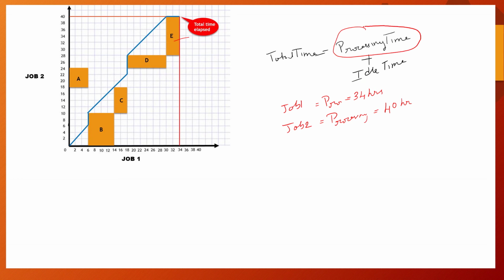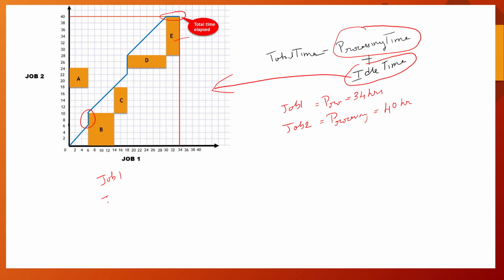So we got the processing time. Now we need to find the idle time. This idle time we'll find from the graph. The idle times are nothing but vertical or horizontal lines in the path. Here we can see a vertical line, which means job 1 is idle.